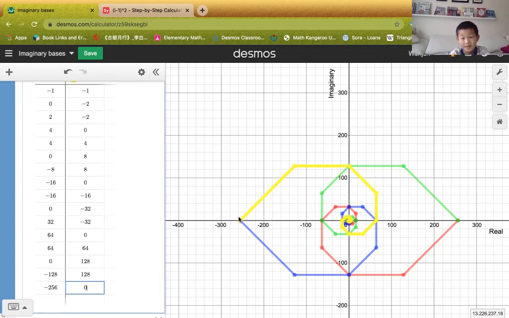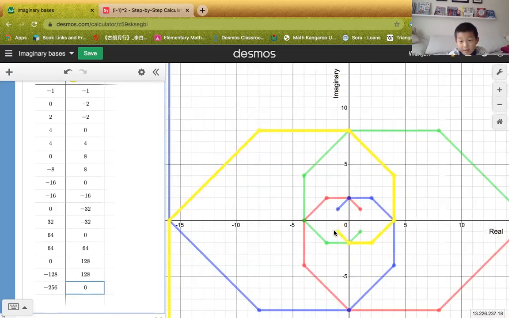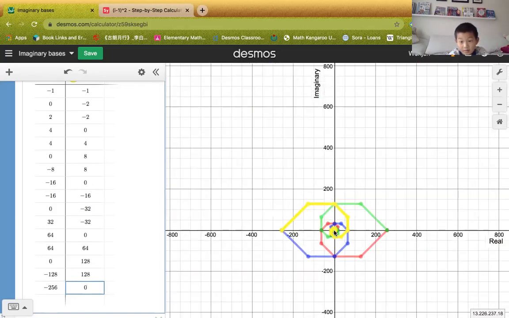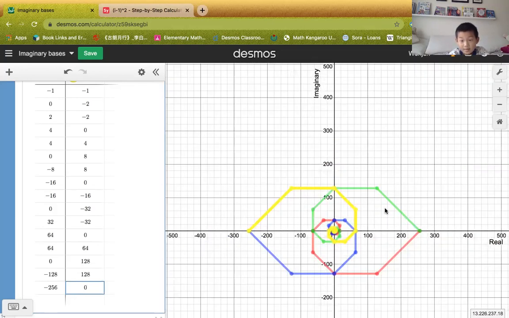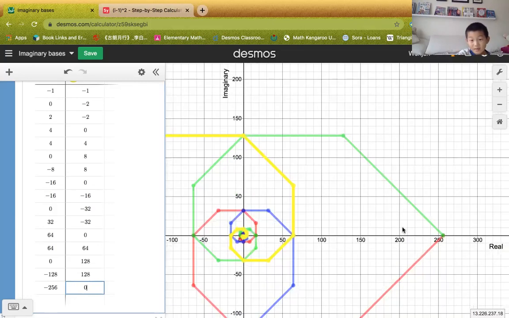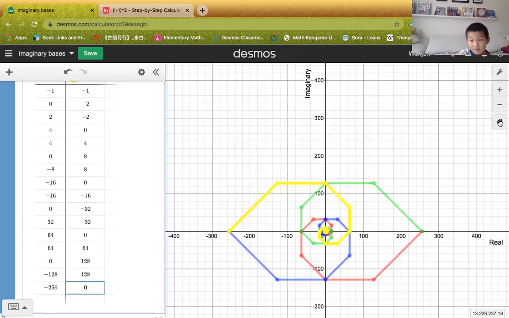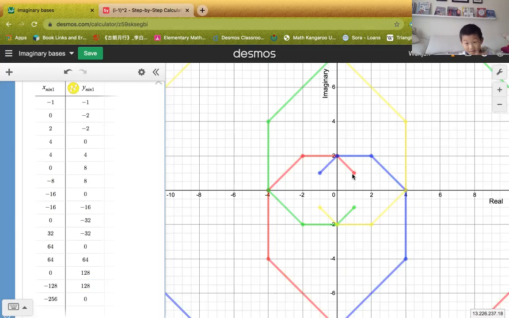Negative, positive, negative, positive, negative, positive, negative, positive. Yeah, the two on the left are oscillating between negative and positive, while the two on the right are also oscillating, but one is negative, one is positive. Let's look at some details.